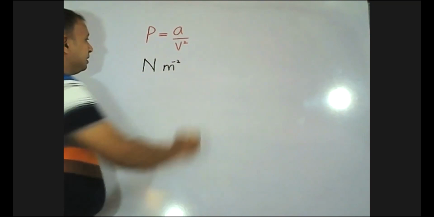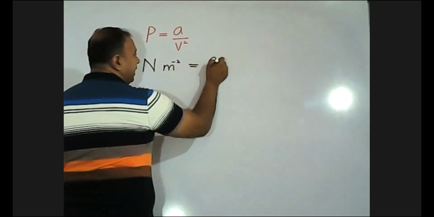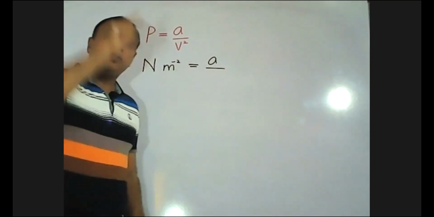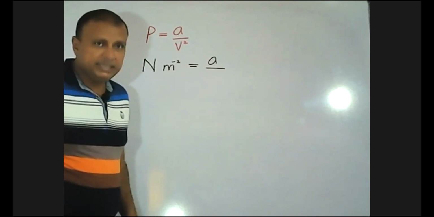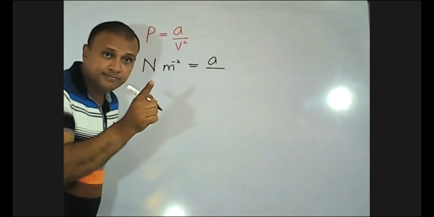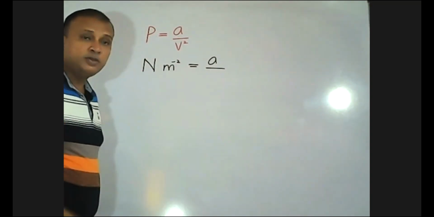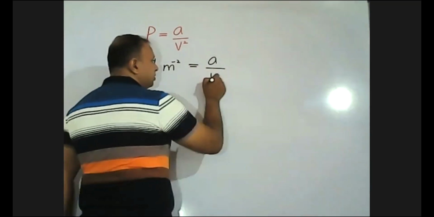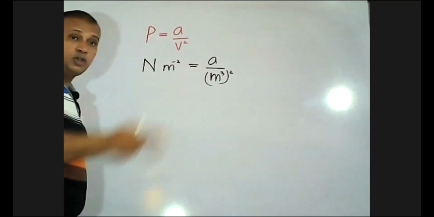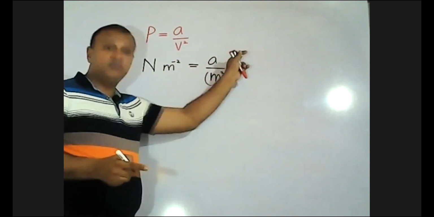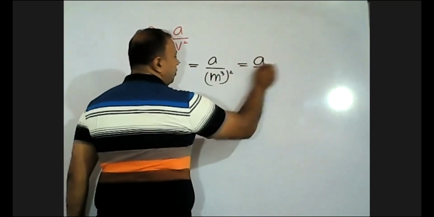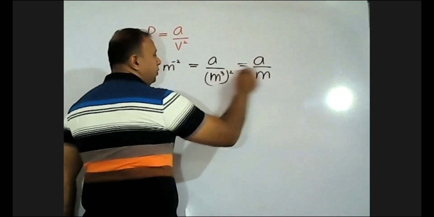Unit of P is equal to A over the square of the unit of V. V is a volume. If it is a volume, the unit is meter cube, M3. So M3 is squared, so you have to multiply 3 into 2. So A over M, 3 into 2 means 6.